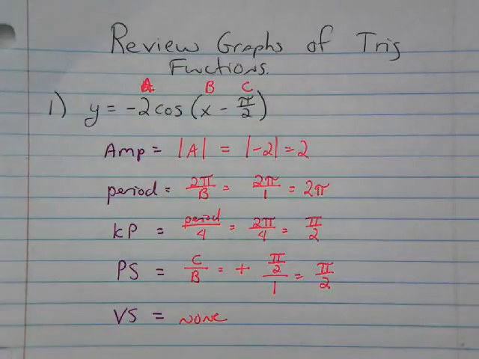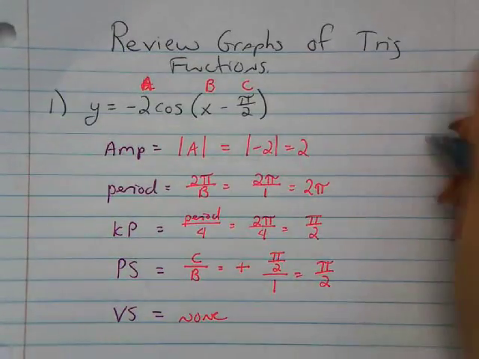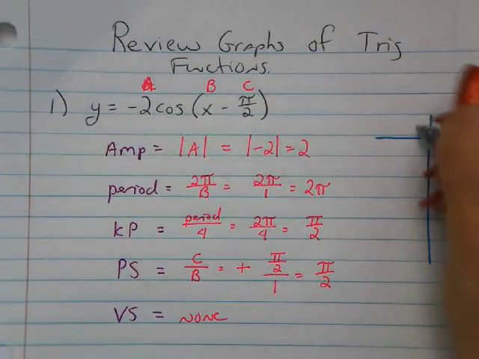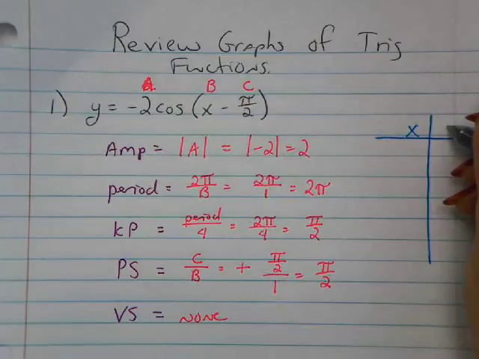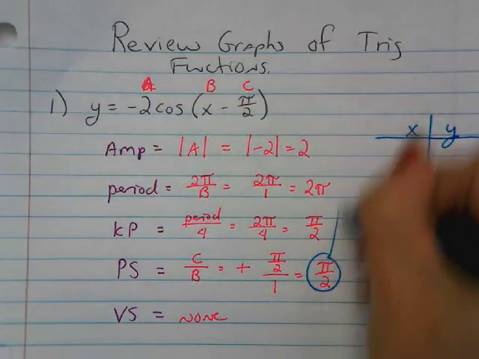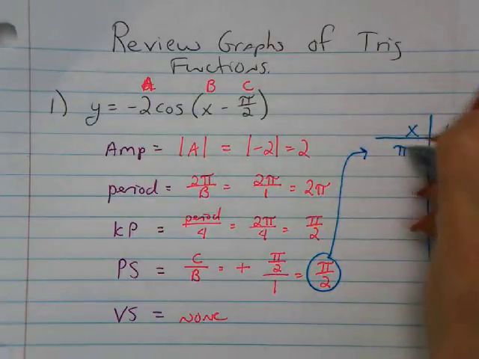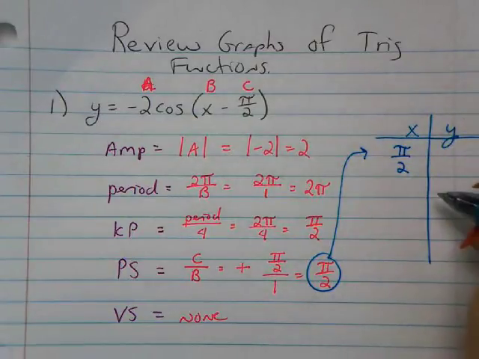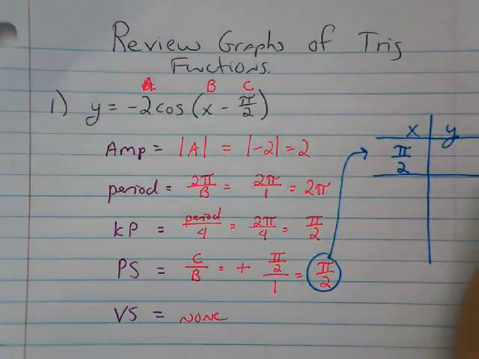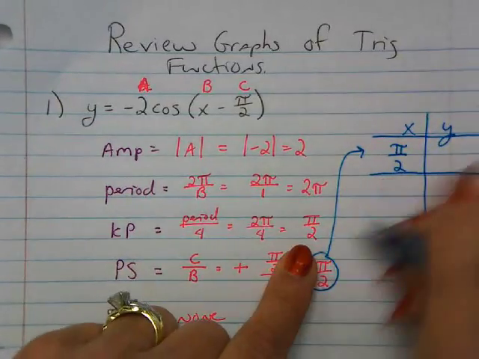Now what we're going to do is go ahead and build that chart. Remember, you take your phase shift, and that is what goes as the first item in your chart. Now, each time, you're adding a key point to it.